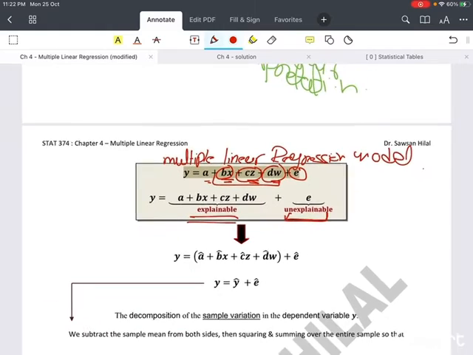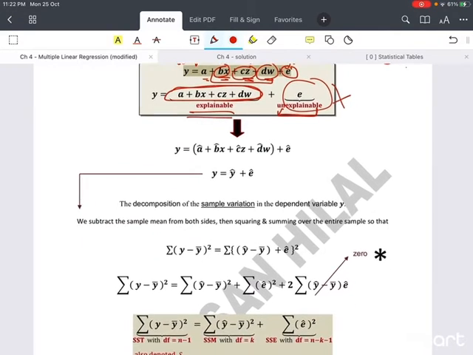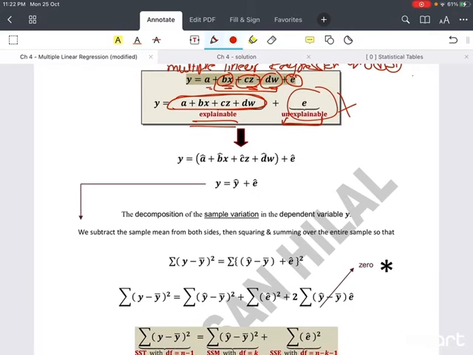Why? Because this we can fit it, we can find it, we can calculate it, but this one it is not possible to do all of this with it. Okay, so when you fit the model, you write a hat, b hat, c hat, d hat plus e hat.